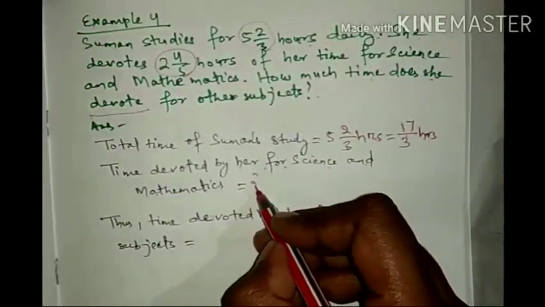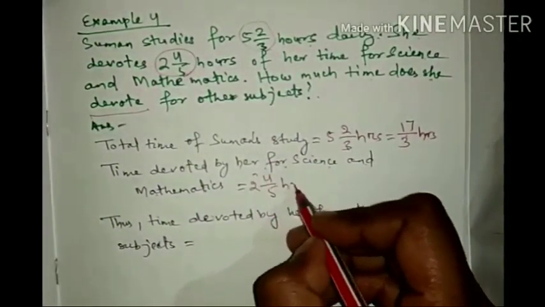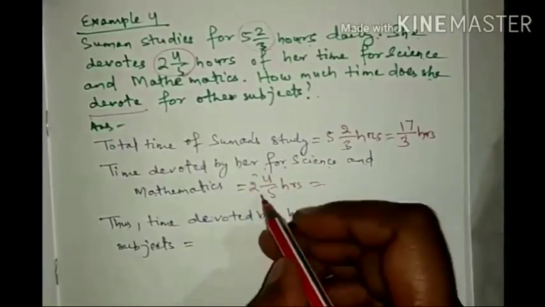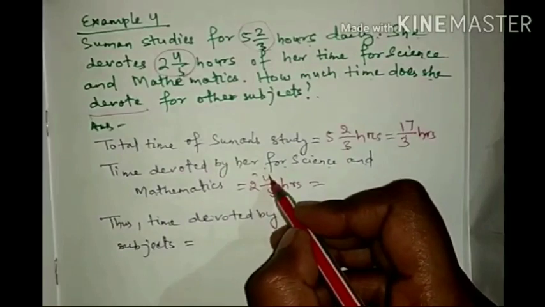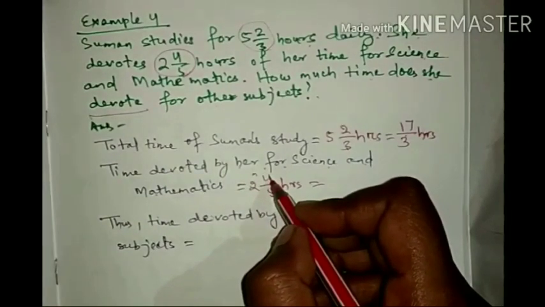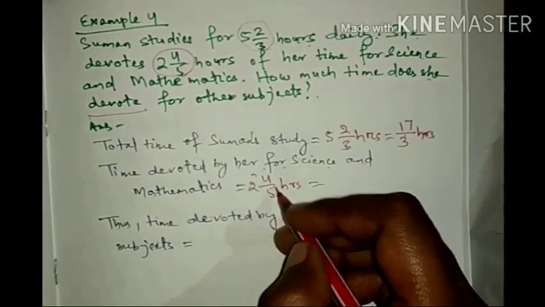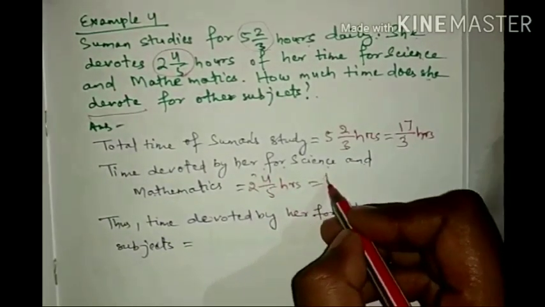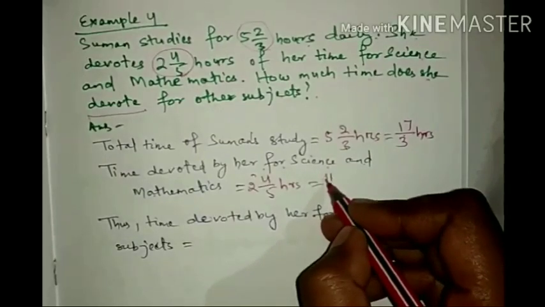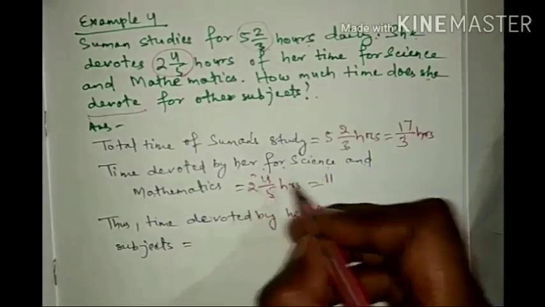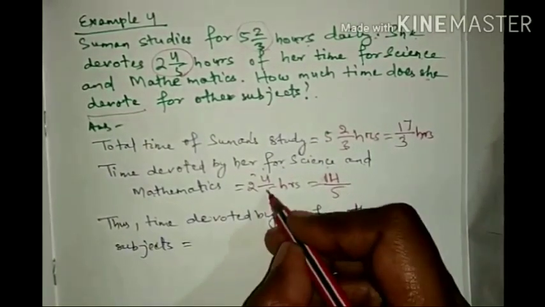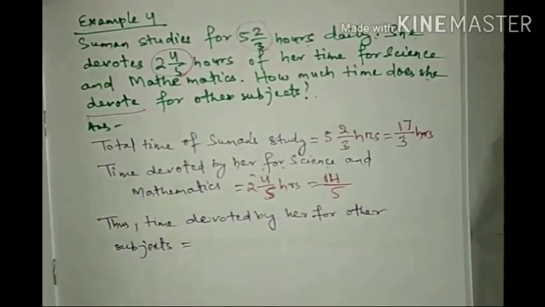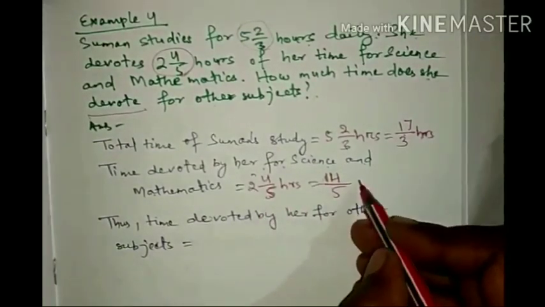So 2 4/5 hours. You can write it as an improper fraction. 5 twos are 10 plus 4 is 14, so 14/5 hours.